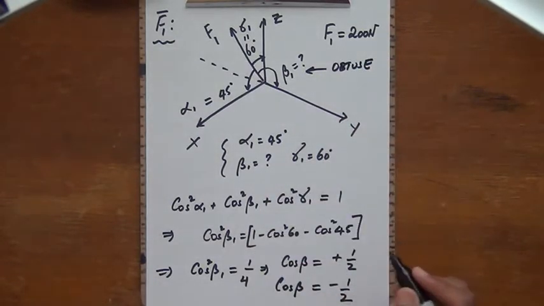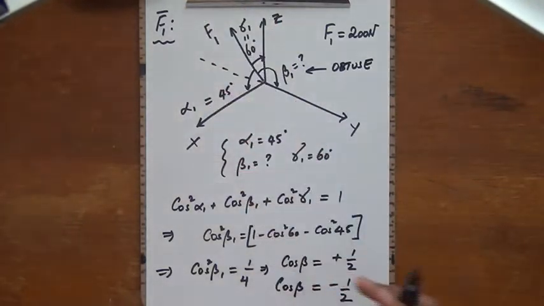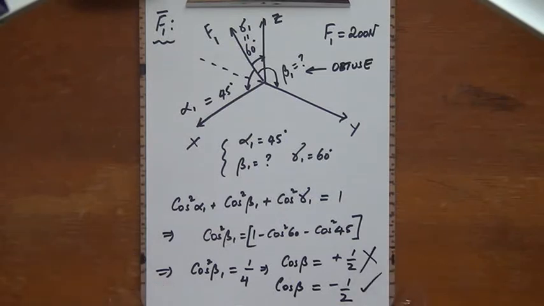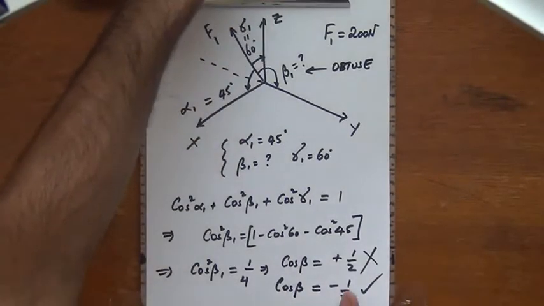Based upon the information given that the force F1 has to be aligned in that particular direction, this is not the answer I want, this is the answer I want. Cosine inverse of a half with a negative sign is nothing but 120 degrees.